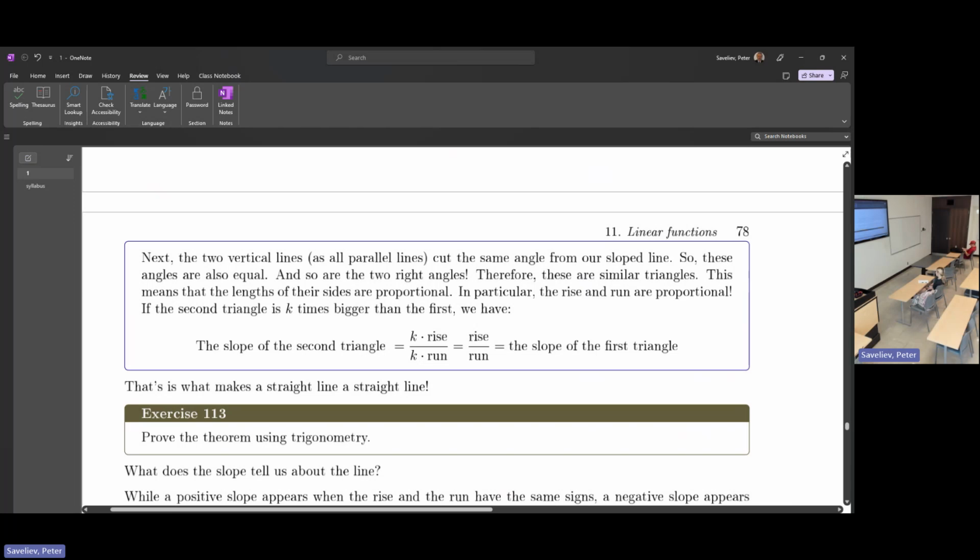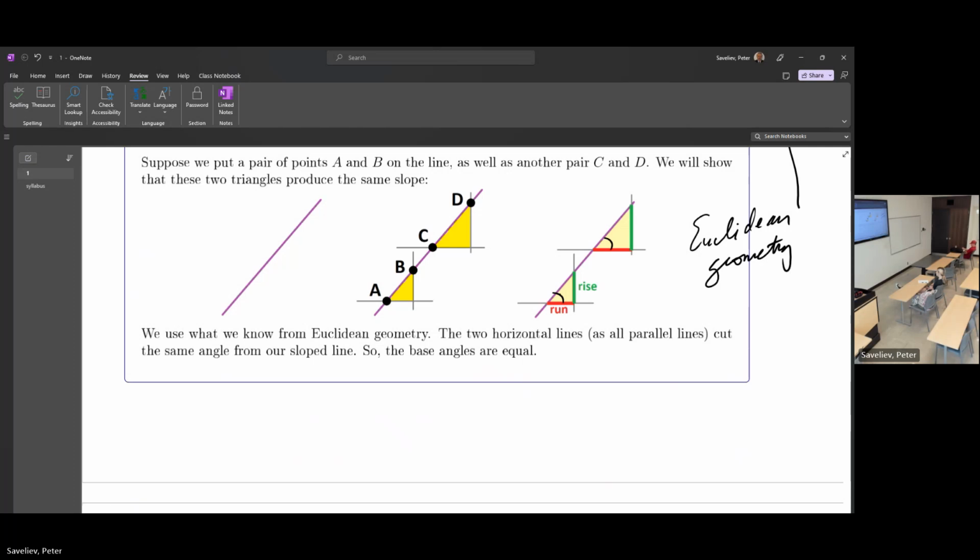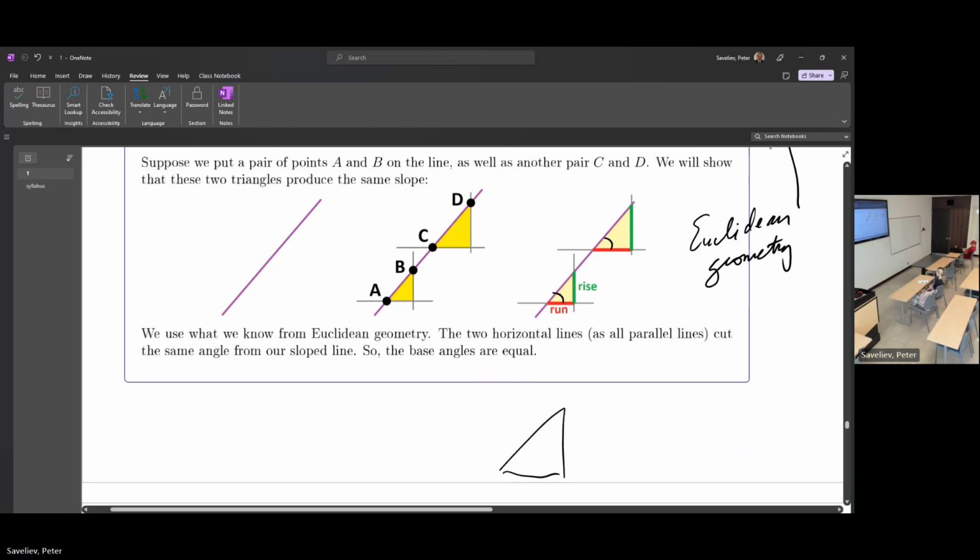What is the meaning of the slope trigonometrically speaking? We have a right triangle. Rise over the run, but also what? We take this one over this one.